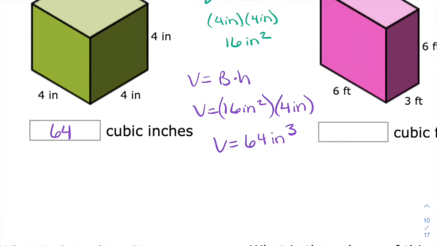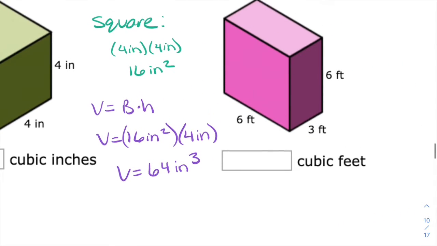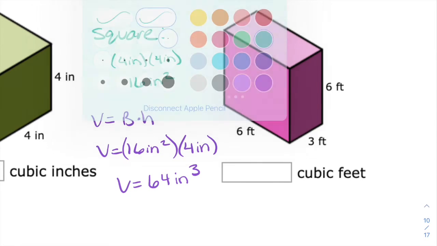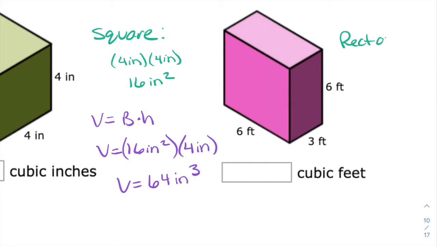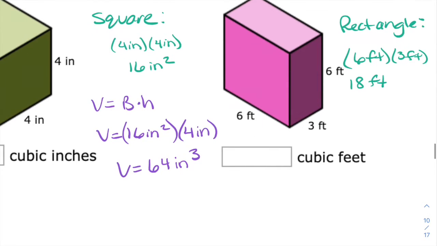And we're done. Now the base here, we're going to say, is a rectangle. We're going to say that the base here is 6 times 3. I could pick any two of these, 6, 12, 18, to be my base, because it doesn't really matter which I pick.